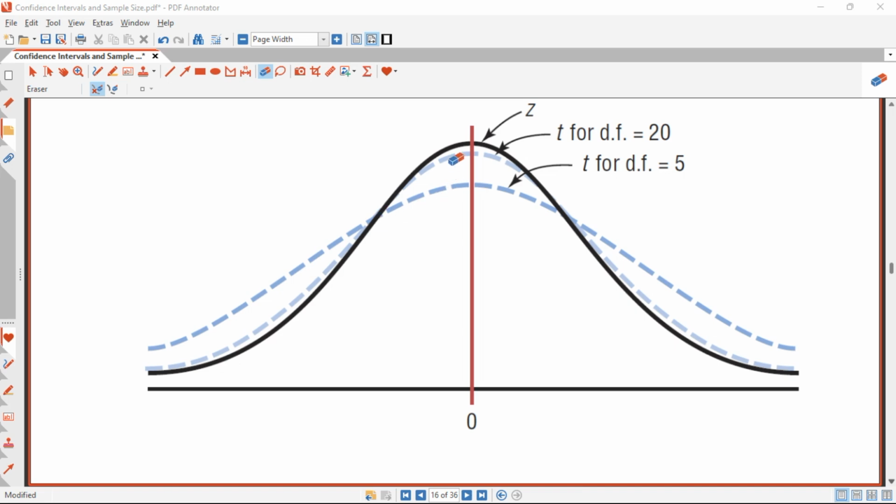When you come inside the diagram, the first curve that you will see has degrees of freedom of 5. The second curve is also a T distribution, having degrees of freedom of 20, right? And then the next one is Z, which is following a normal distribution.